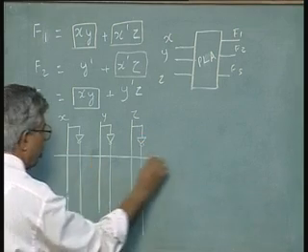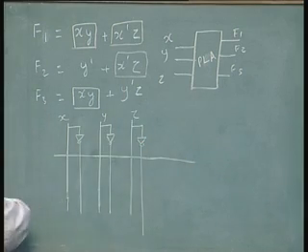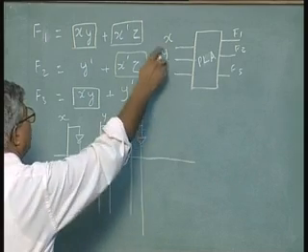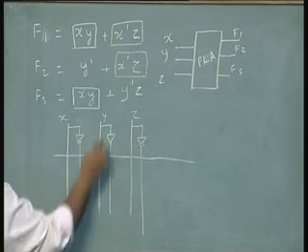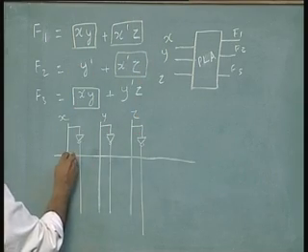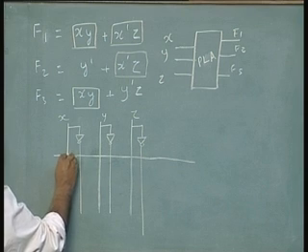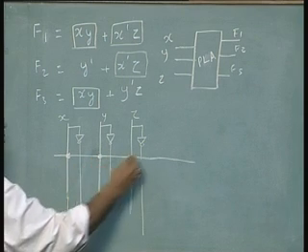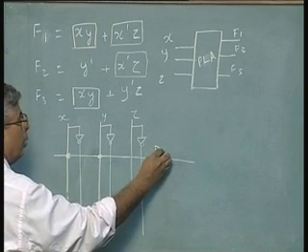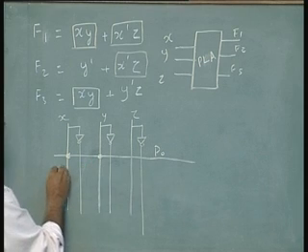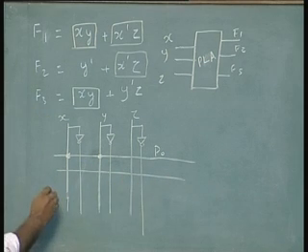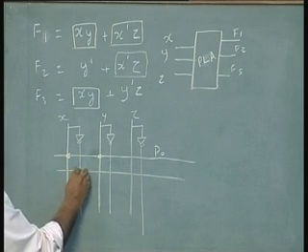So my first product term, P0, will be xy. So this is x, y, P0. Second product term, P1, would be x bar z.